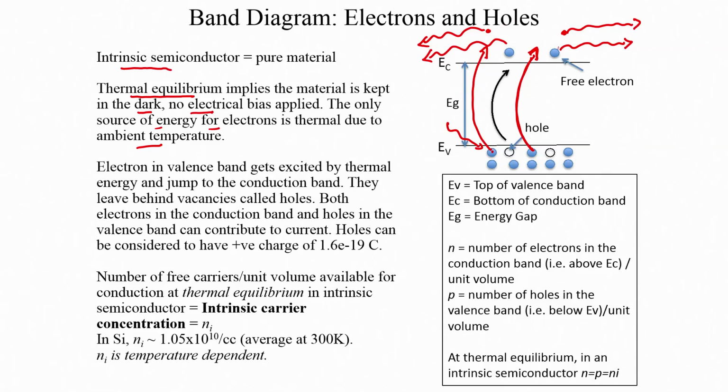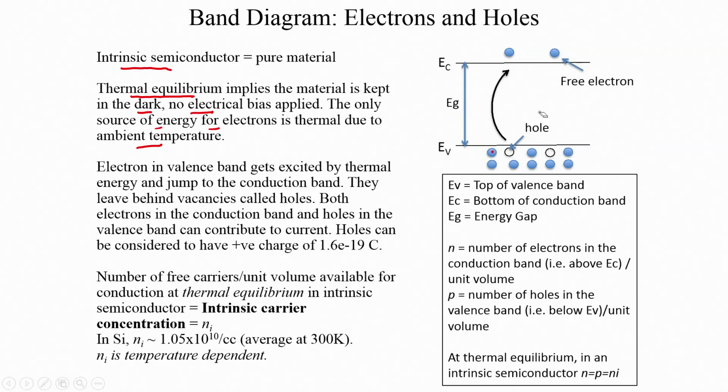So there's a lot of randomness and a lot of events happening at thermal equilibrium, but statistically these are all averaged out in time, and you find that there are zero currents and zero shift from the so-called equilibrium position. And this complete balance is called detailed balance.